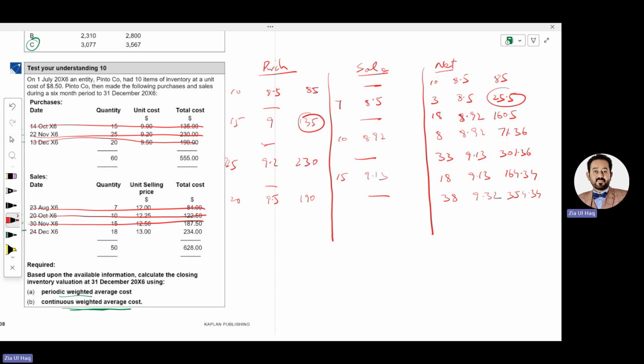So then we sold how much? 18 units at 9.32. Out of 38, 18 sold, 20 left at 9.32. What's the value? 186.4. So this is the closing inventory figure.